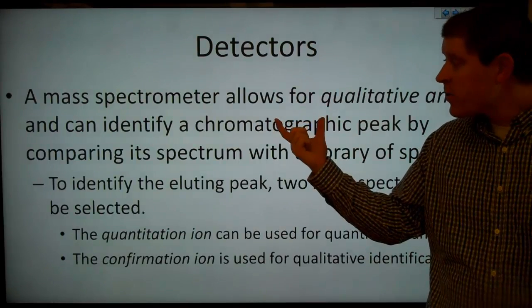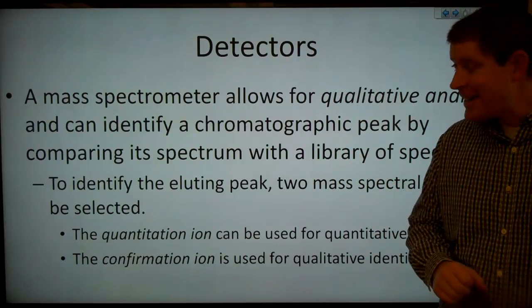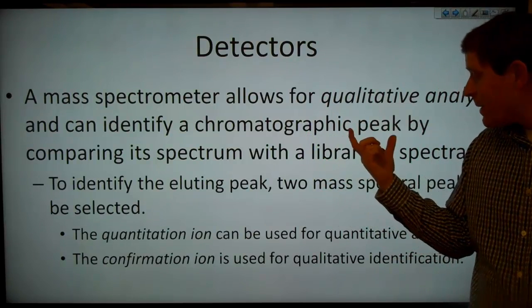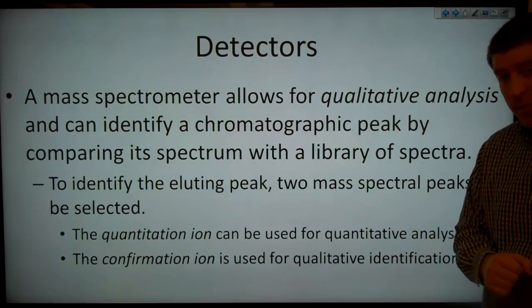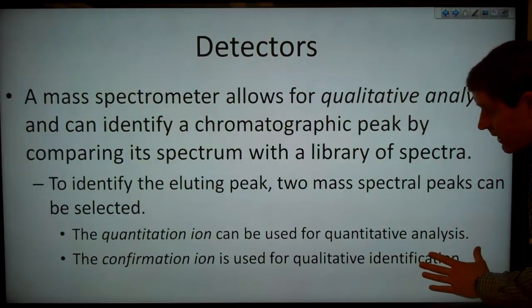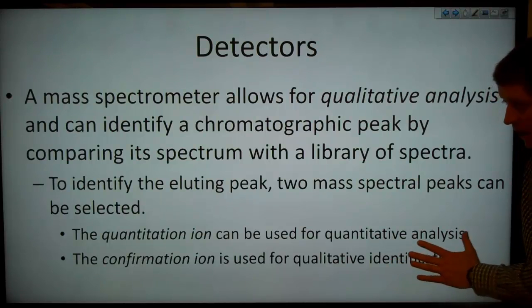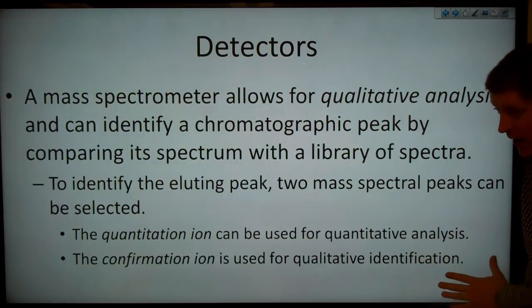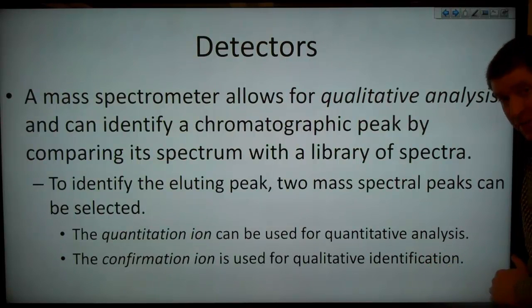So a mass spectrometer allows for qualitative analysis and can identify a chromatographic peak by comparing its spectrum with a library of spectra. To identify the eluting peak, two mass spectral peaks can be selected. The quantitation ion can be used for quantitative analysis, and the confirmation ion is used for qualitative identification.